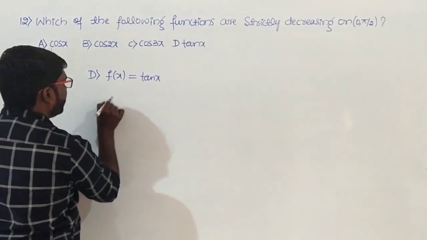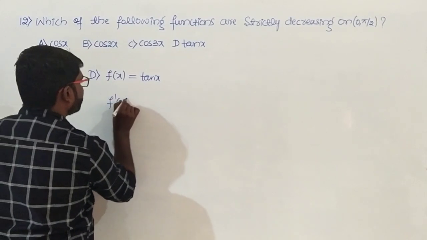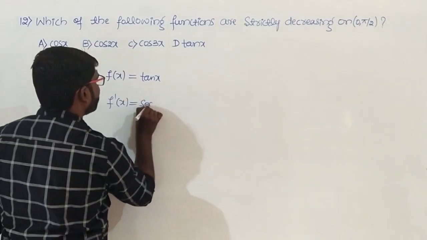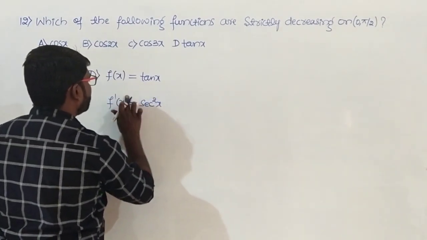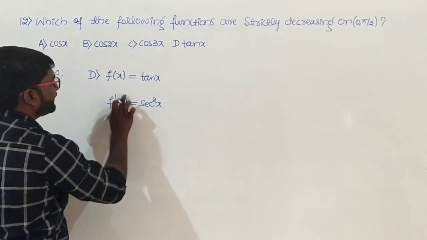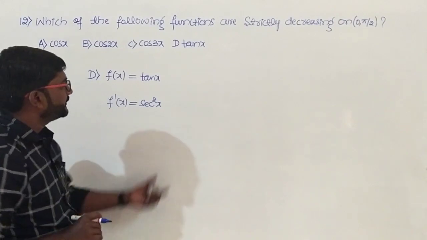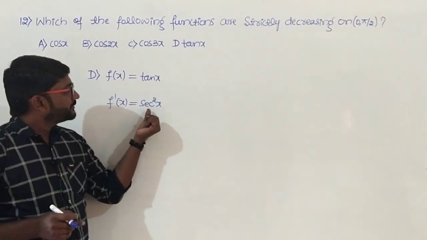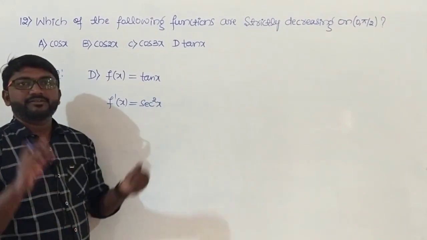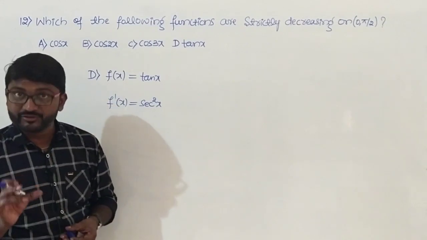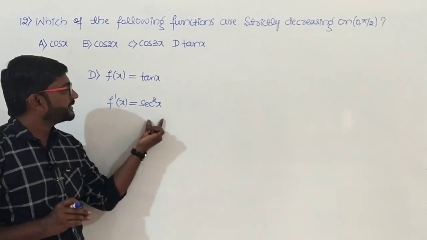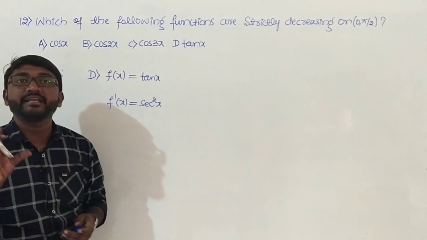Now the derivative of this will give us f dash of x which is equal to secant square x. Now what is the condition for x here? It is the open interval 0 comma pi by 2. That means if you take any number to the square, that number is always positive. That means f dash of x will be greater than 0. In that interval it is strictly increasing.